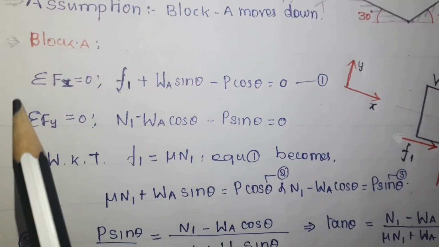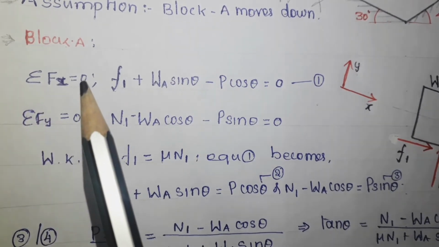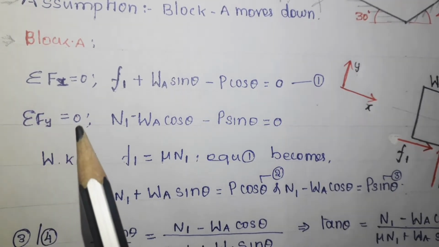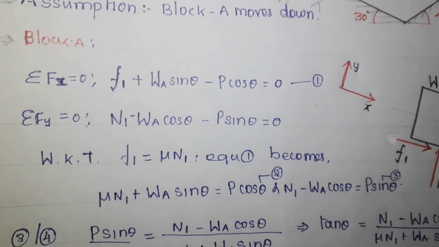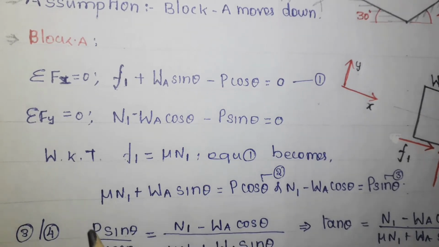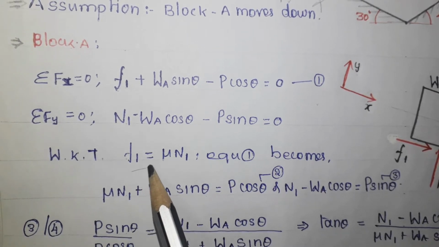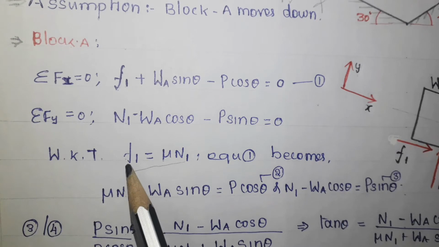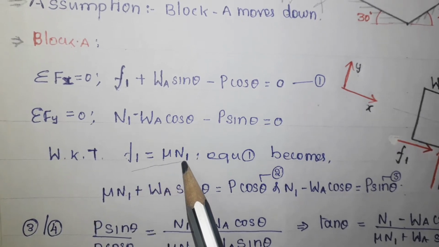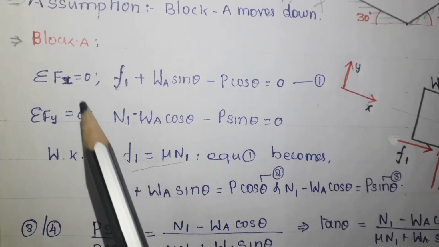One is the summation of all horizontal forces equal to 0, and the other is the summation of all vertical forces equal to 0. I need one more equation since there are three unknowns. The third equation is the basic equation of friction, F equal to mu into N. So these three equations are to be used.